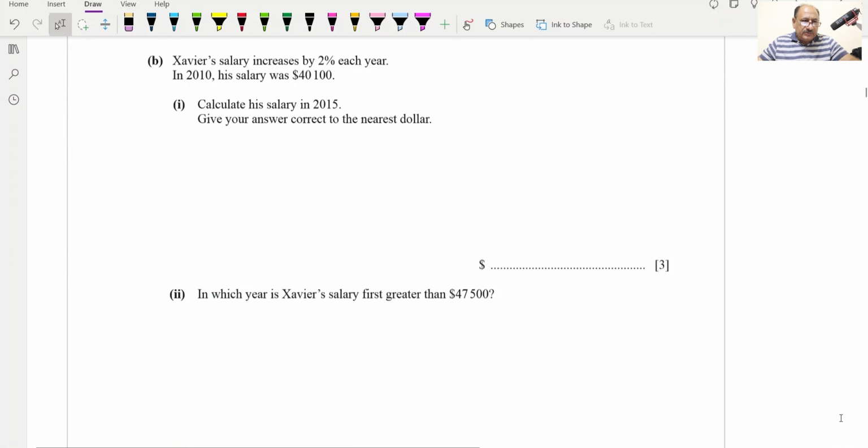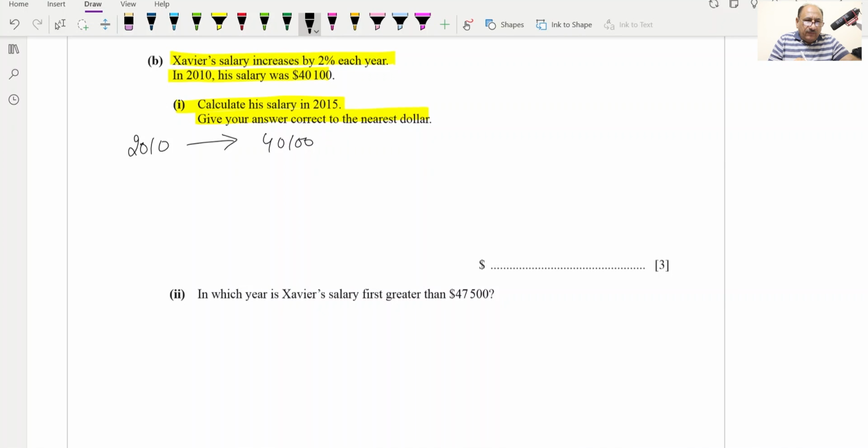The next part says Xavier's salary increased by 2% each year. In 2010 his salary was $40100, and each year it increased. So calculate his salary in 2015. Give your answer correct to the nearest dollar.